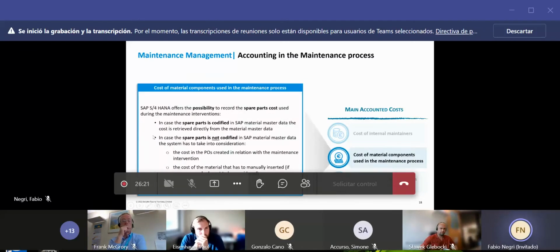Otherwise, we can be in the case where there is a spare part which is not codified in SAP, maybe because it's just a spot purchase of a spare part which is not usually replaced, so there's no need to have it in the inventory, in the master data.